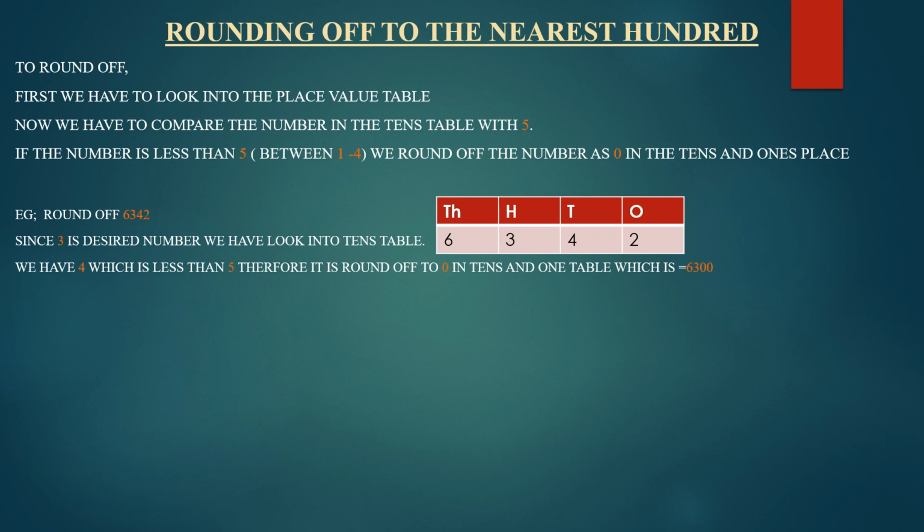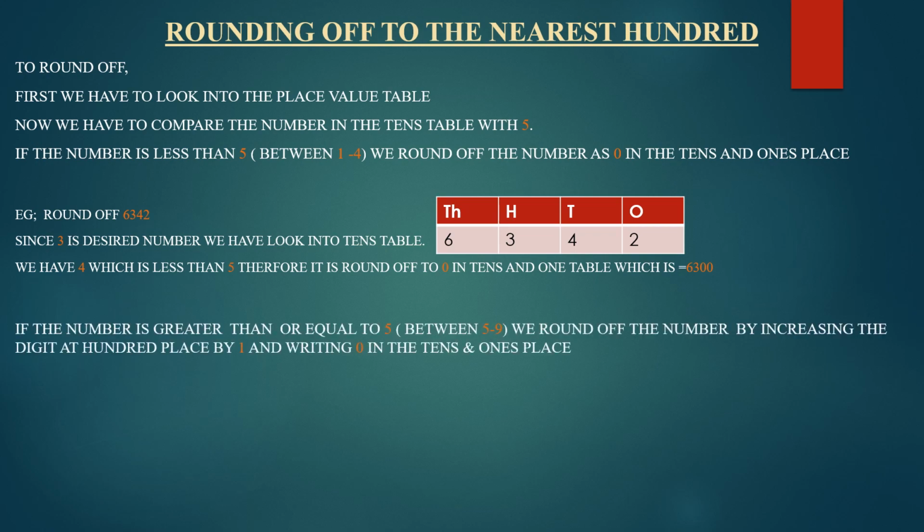Is it clear? I hope so. Now we see, if the digit is greater than or equal to 5, in the case of rounding to the nearest 100, meaning between 5 and 9, the same procedure is repeated.